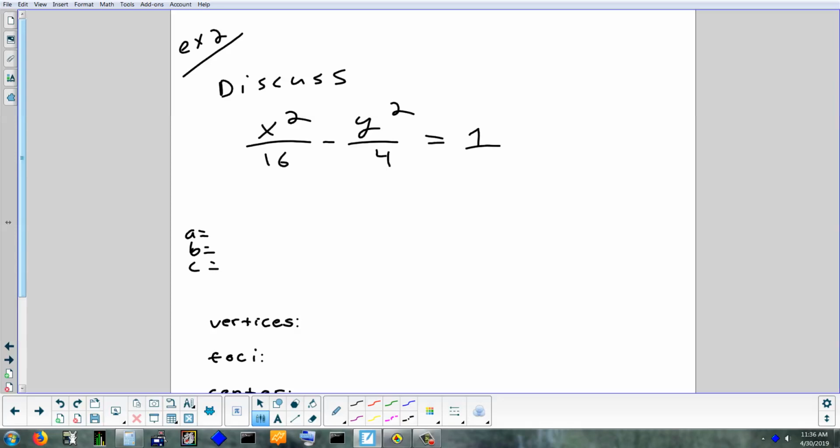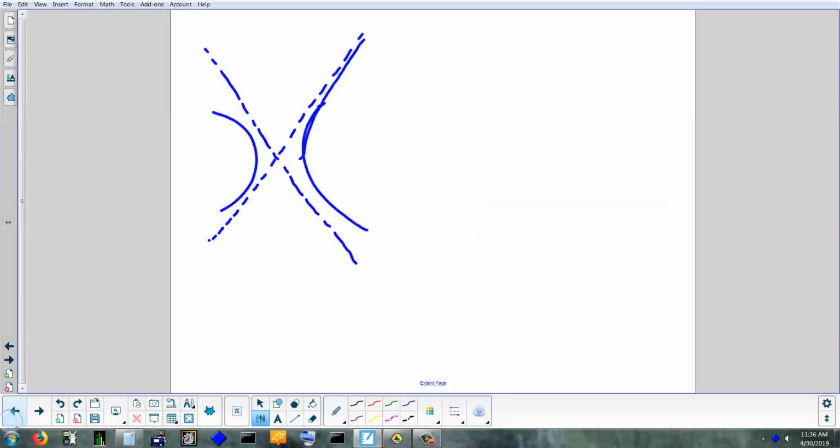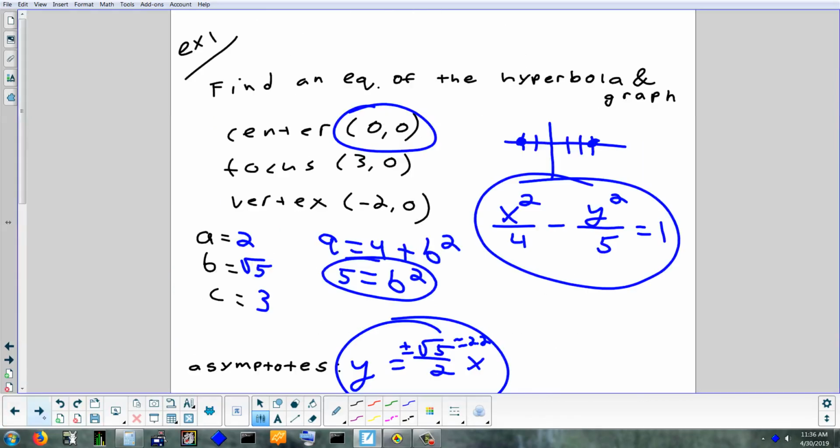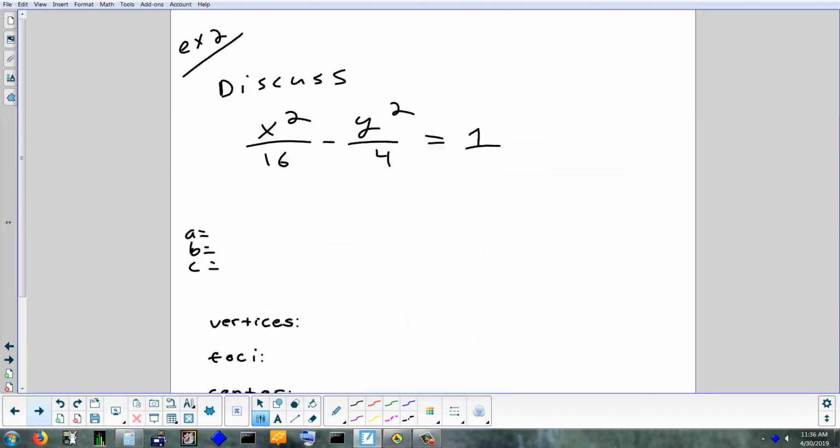The 16 is A squared. Remember, the first number is always A squared. The second number is always B squared. So if the first number is A squared, then A must be 4. If the second number is B squared, then B must be 2. Now we can get C.